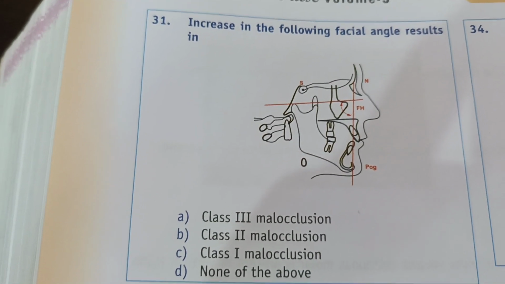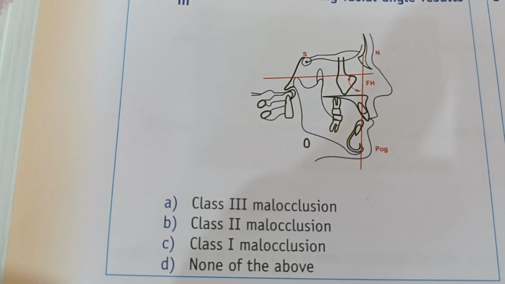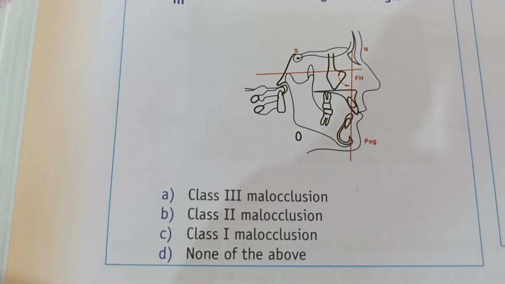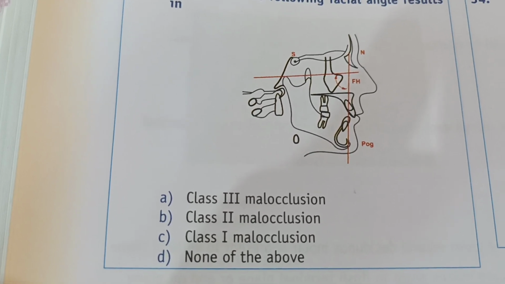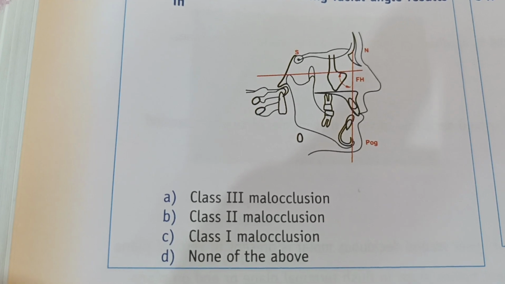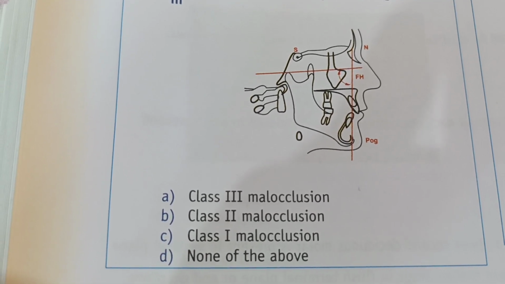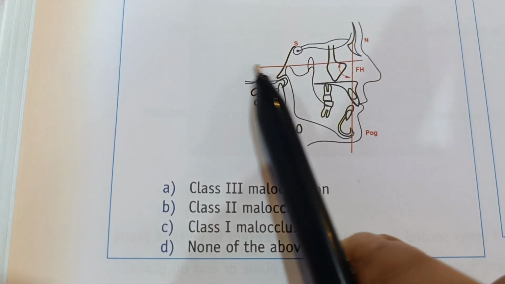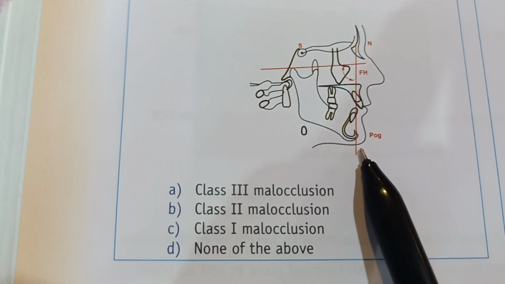Increase in the following facial angle results in: class 3 malocclusion, class 2 malocclusion, class 1 malocclusion, none of the above. Option A is the right answer, class 3 malocclusion, because the facial angle is the angle formed by the intersection of nasion to pogonion and the FH plane. You can clearly see the FH plane here, a horizontal plane, and this is point nasion and this is point pogonion.